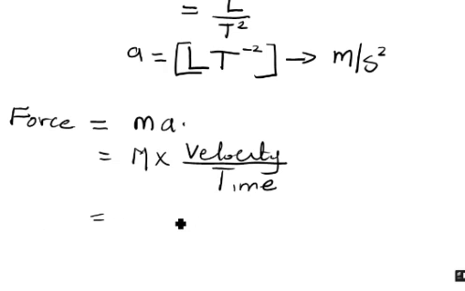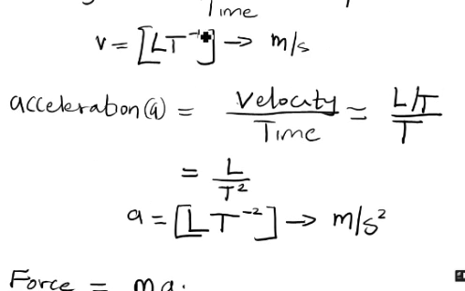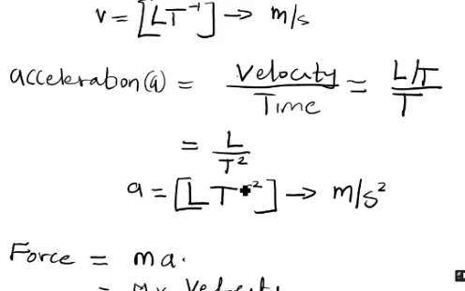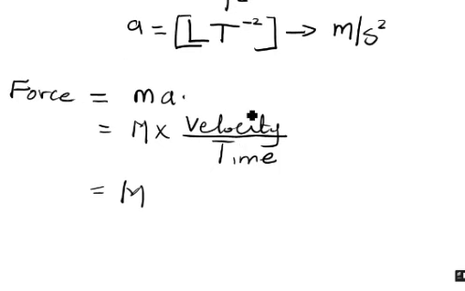We can skip this step since we have explained velocity to be L T minus 1 and acceleration to be L T minus 2. We can plug this value in here.